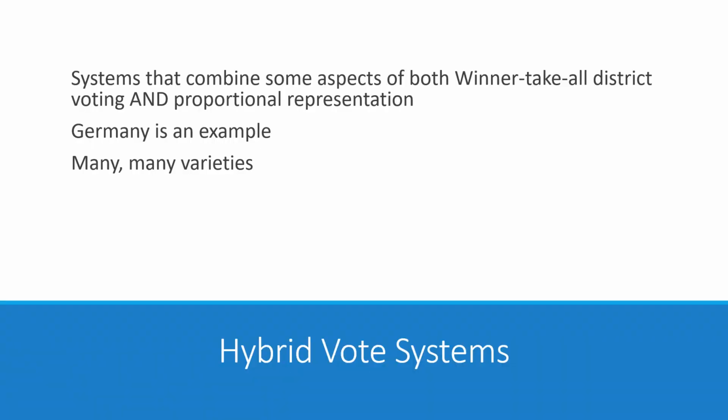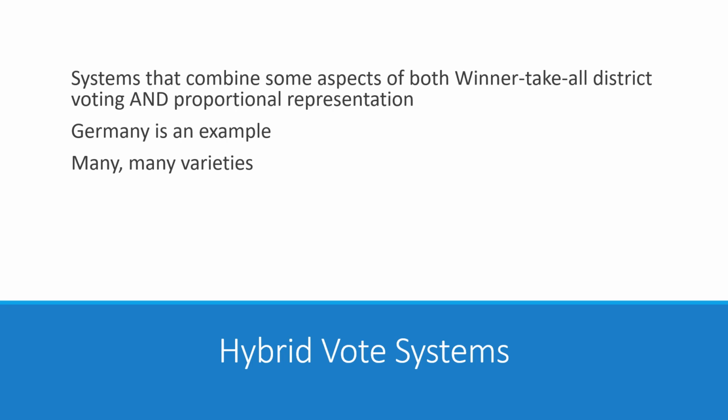So both winner-take-all and proportional representation systems have drawbacks. Winner-take-all systems lead to overrepresentation of plurality parties, and can lead to lack of multi-party competition. So like in the United States, a lot of times students complain that we don't have more than two parties, and it's very well explained by the fact that we have winner-take-all.